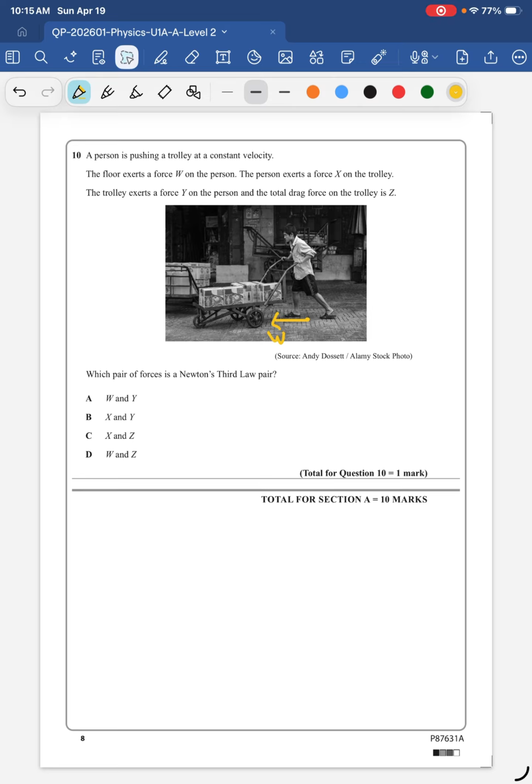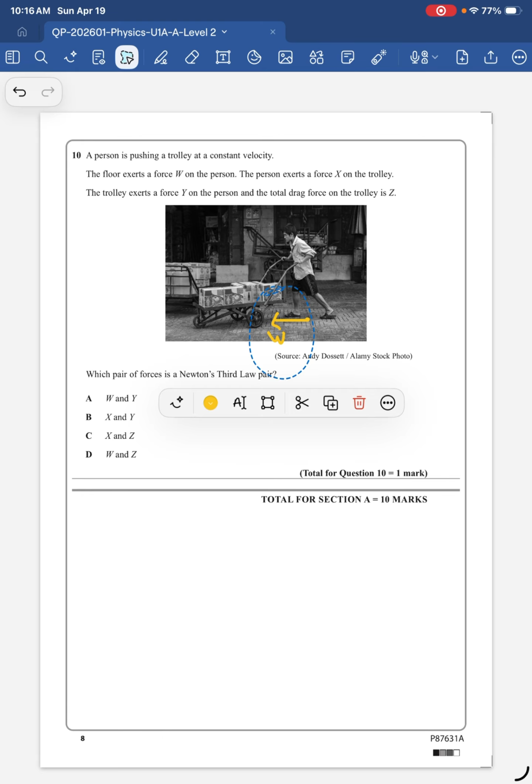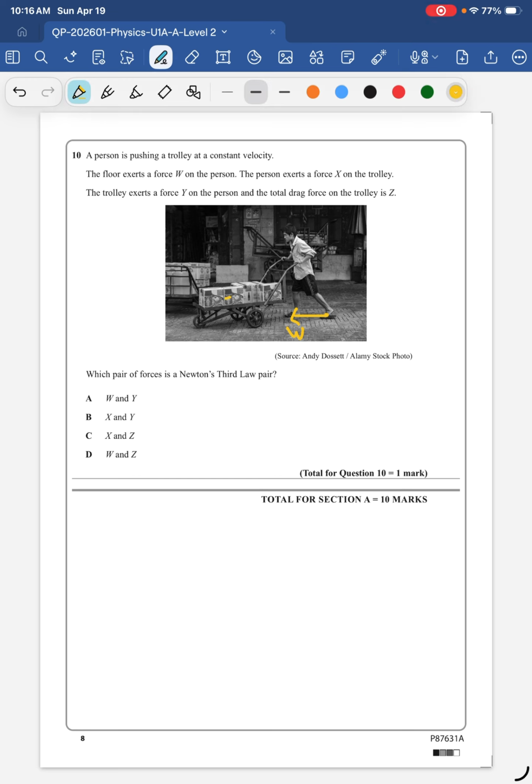I guess I should move this vector so it's at the guy's shoes. Okay, so that's W. Then the person exerts a force X on the trolley. Okay, that will be this force. I'm using yellow so it's visible. Okay, X. Then the trolley exerts a force Y on the person.